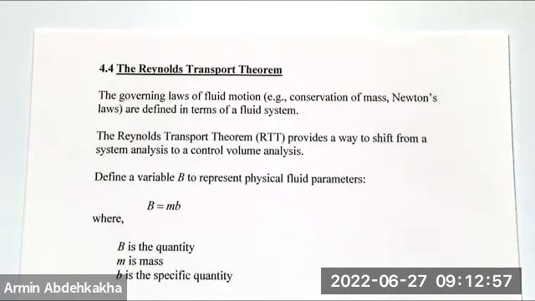But you need to know the particles' path lines, because from that you can find the streamlines on average. So that's why we need the Reynolds Transport Theorem to make a connection between these two, and from understanding that, find the governing laws of fluid motion. Fluid motion and fluid particle motion are different. And also you can shift from the system analysis to control volume analysis, right?